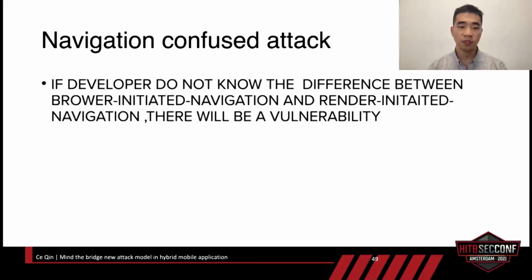In other words, if developers do not know the difference between browser-initiated navigation and render-initiated navigation, there will be a vulnerability, and there will be an attack. This new attack is called the navigation confused vulnerability.